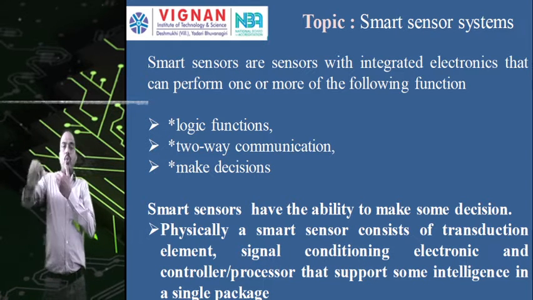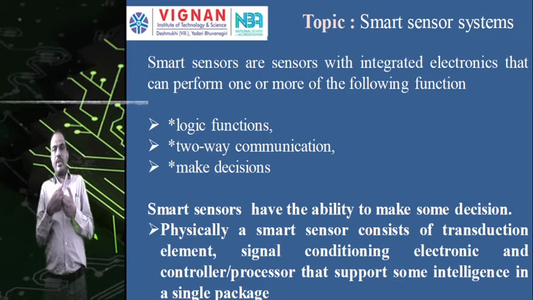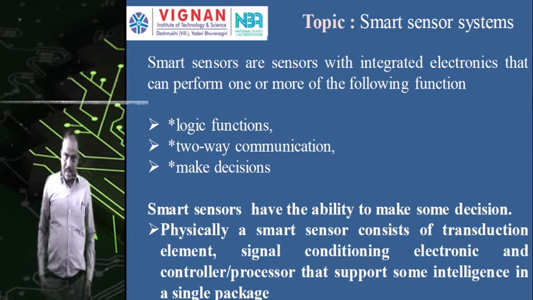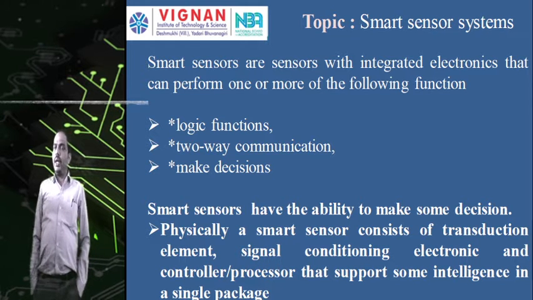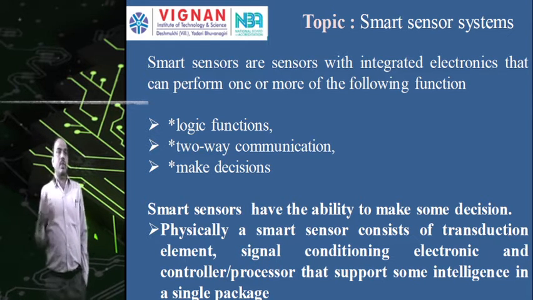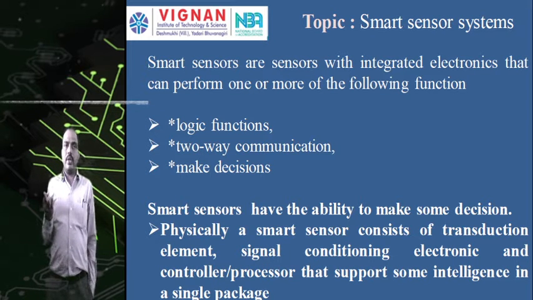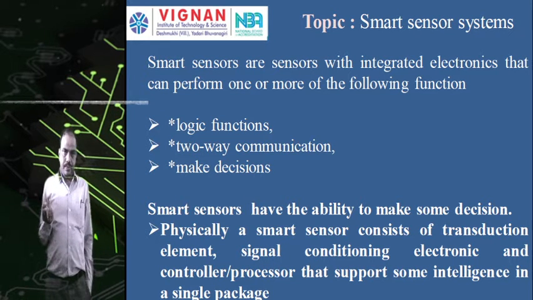That is called two-way communication, sensing information and giving the feedback to the output device. And they can also make some decisions. So this is the advantage of smart sensors. Not only sensing, they can also perform logic functions, two-way communication, and making decisions.